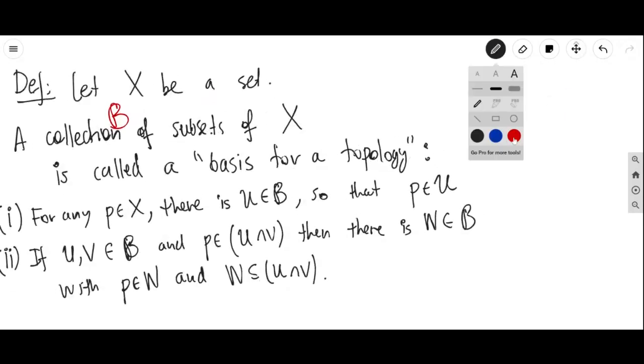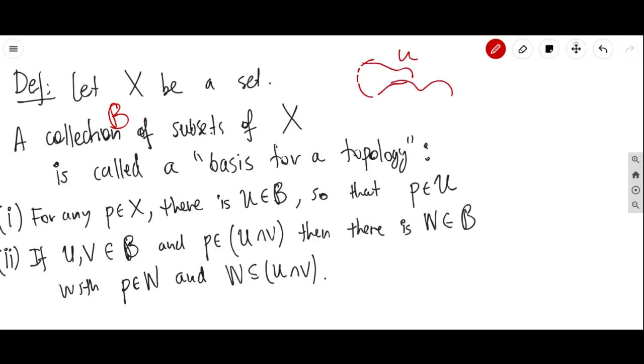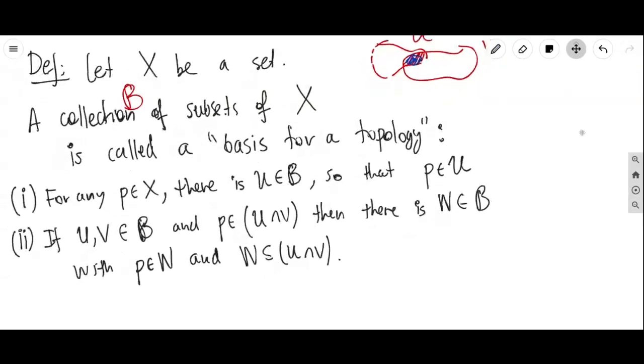The picture to keep in mind is this: this is U, and this is V, and this is the intersection. We're not necessarily saying the intersection is part of the basis. Instead, the required property is, if you pick any point in the intersection, you can fit something smaller that contains that point inside the intersection, and whatever that is, it is back in the basis. So this is the definition for a basis for a topology.